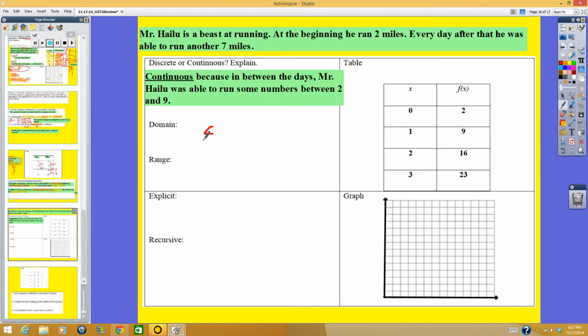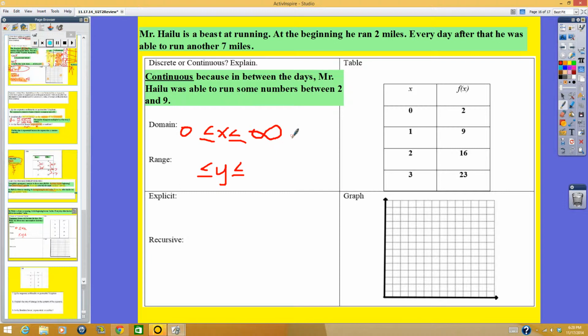Domain and range. When it's continuous, you need this setup. Okay? Alright, you should put a number there. And I never told you how long I was going to train. Right? So, to be honest, I would never stop training, according to this word problem. I know realistically that's not true, because eventually I will not be able to run an extra 7 miles every day.